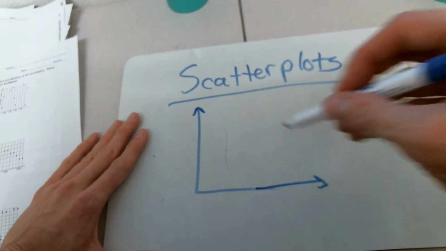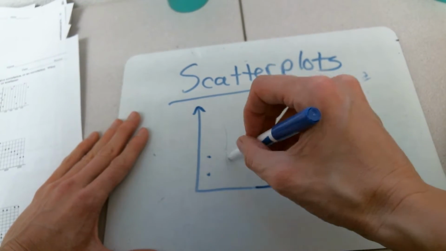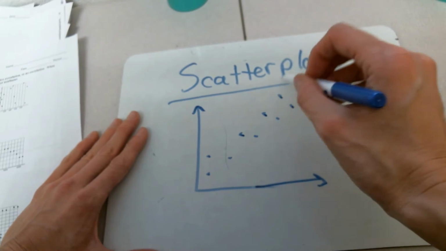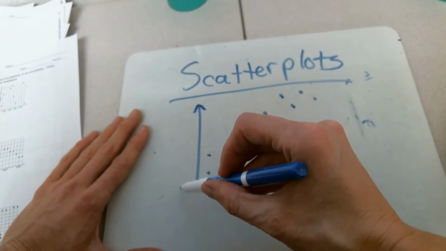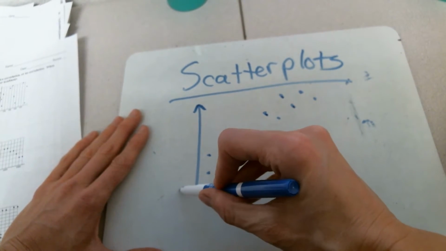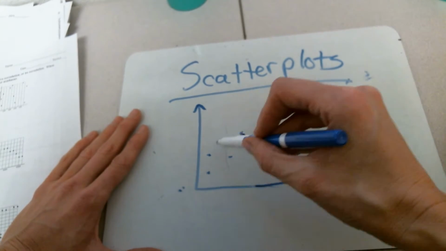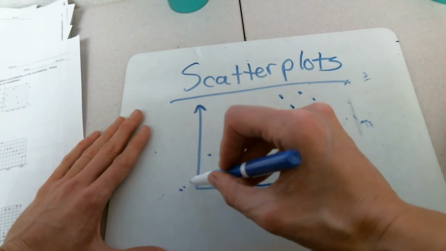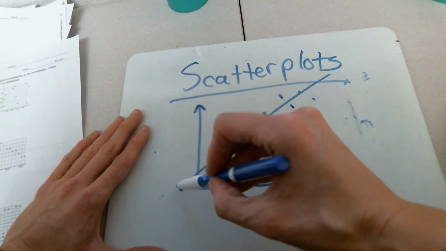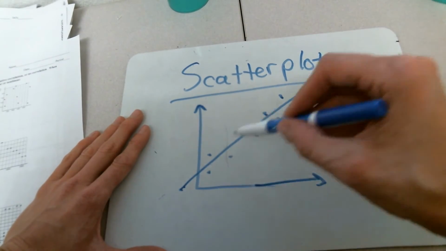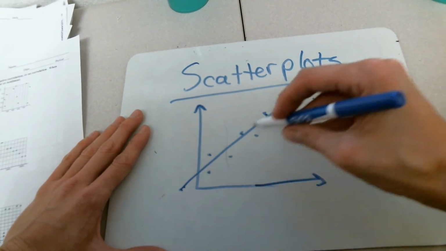Okay. We also have a positive correlation. A positive correlation would be if we see a general trend from the left going up as we go right. So you see how here, if I made a line through here, the line would be going upwards as we go right.